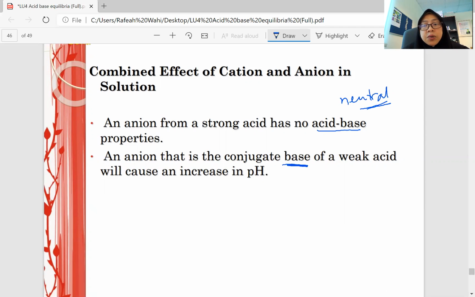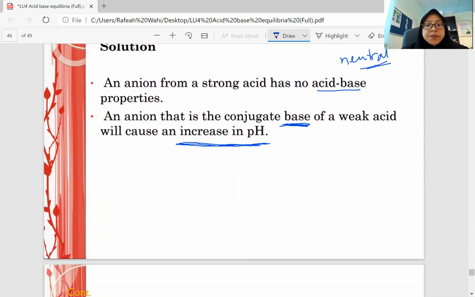That's why they are called conjugate bases. Any anion that is the conjugate base of a weak acid will cause an increase in pH, of course, because a base always has a pH higher than 7.